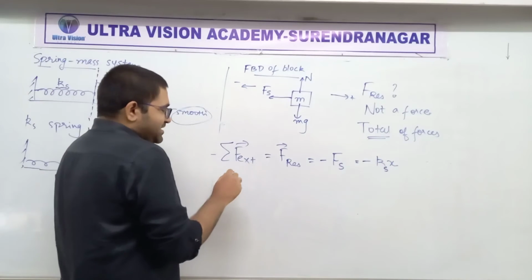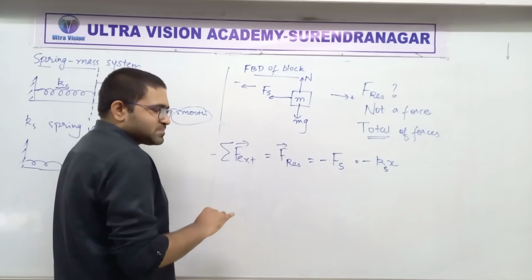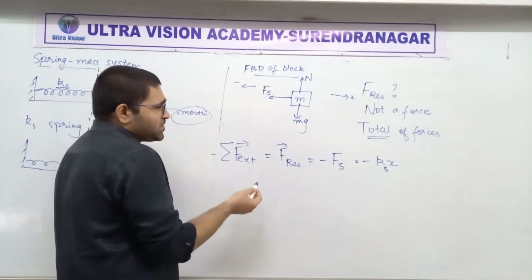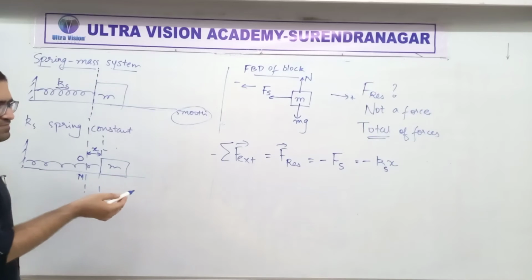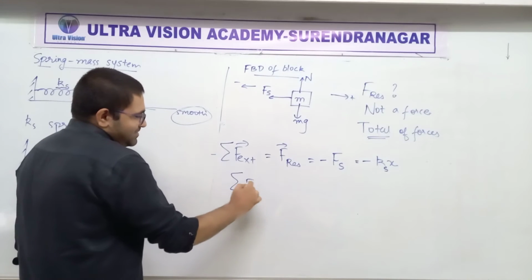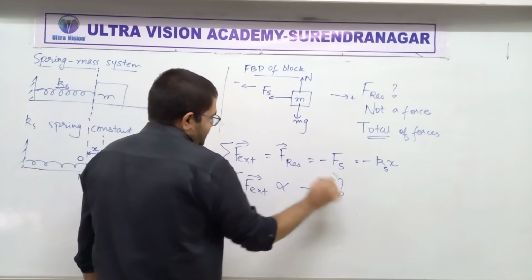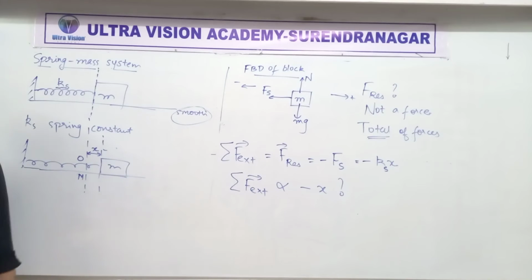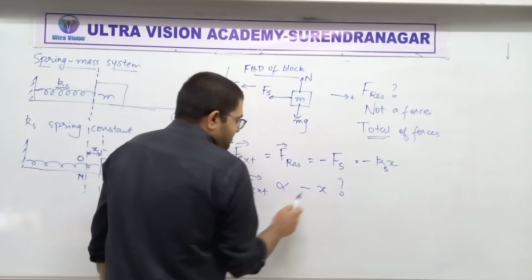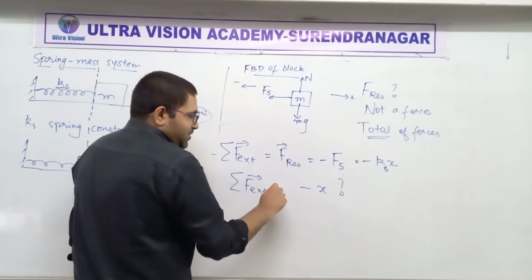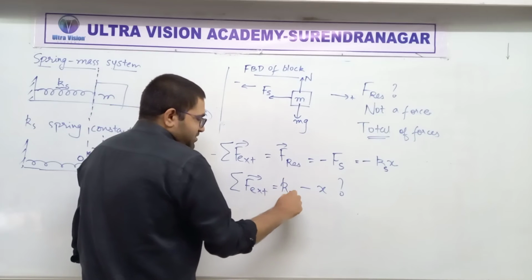So do we see the ID? That is, if you want to know whether this is SHM or not, we have to check the ID. What's the ID? Does it show this ID? Yes or no? It shows that, right? Yes, correct, because you can compare it with this equation. Suppose you write force constant now.